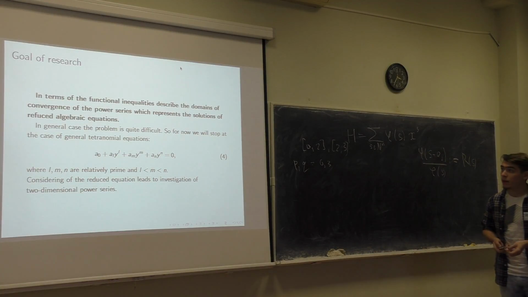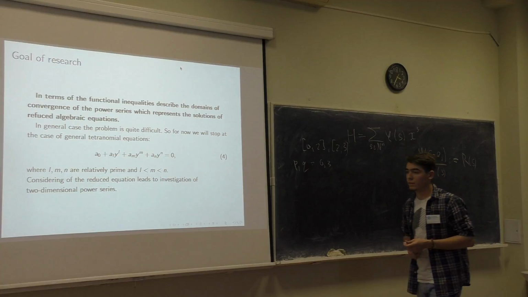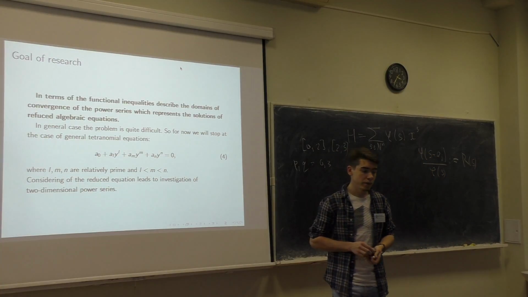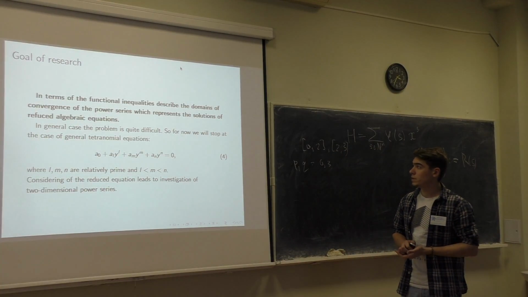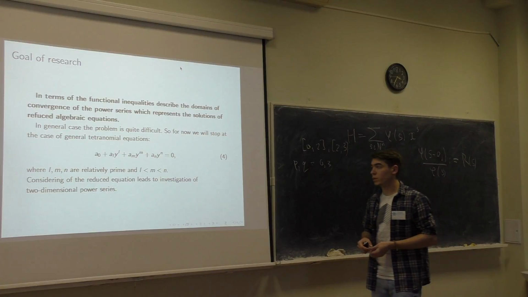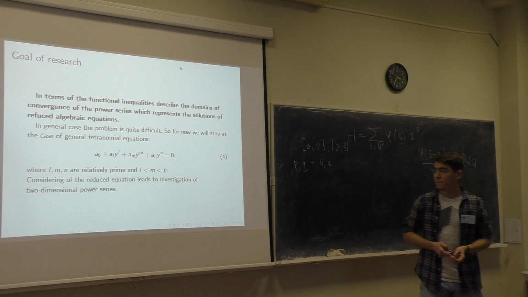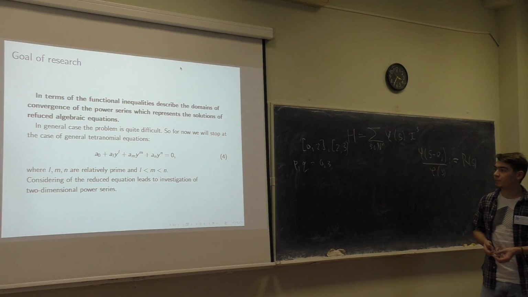In the general case, the problem is quite difficult. For now we haven't got any methods, but for the two-dimensional case, I mean that after reducing, the equation has two variables, we may obtain some results.